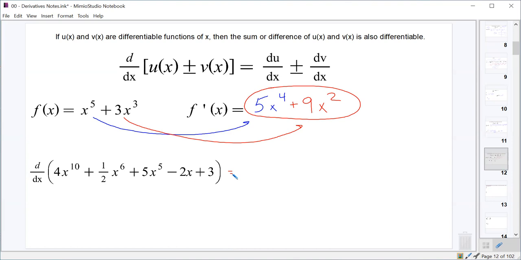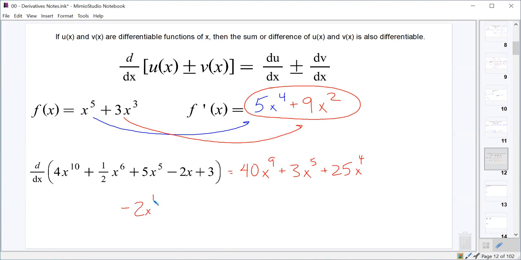Same thing should work here. 4x to the 10 should become 40, the 4 times the 10, x to the 9th. The 1/2 x to the 6th, as we multiply 1/2 by 6, we get 3. That should be plus 3x to the 5th. The 5x to the 5th should become 25x to the 4th. The minus 2x, if we think about that one, that's like minus 2x to the first power.